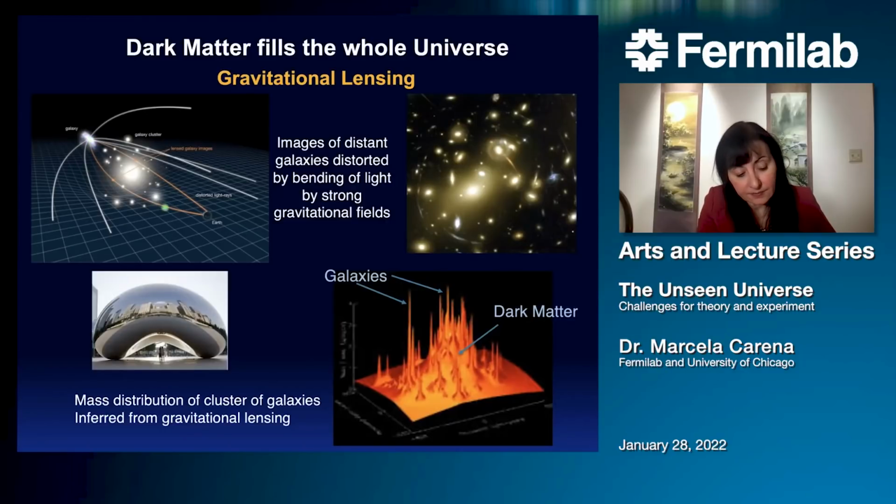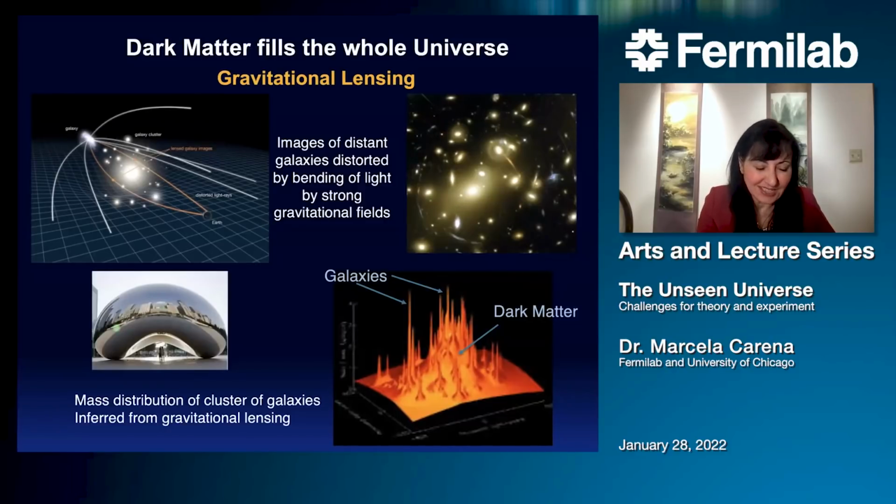The effect of gravitational lensing is to distort the images, and we see them in our telescopes as distorted images, bent by strong gravitational fields.